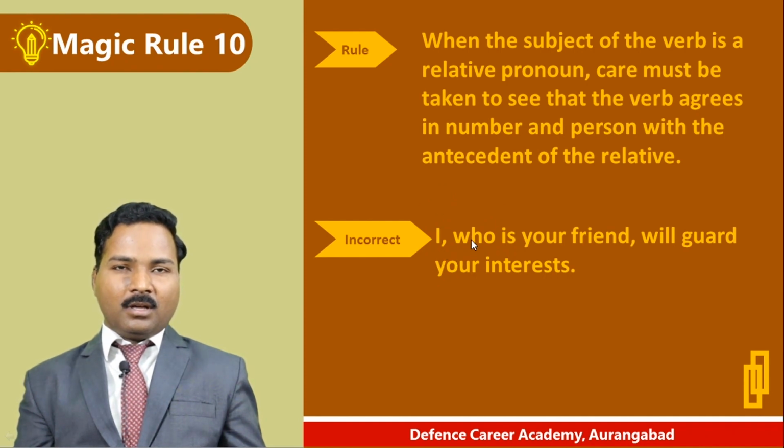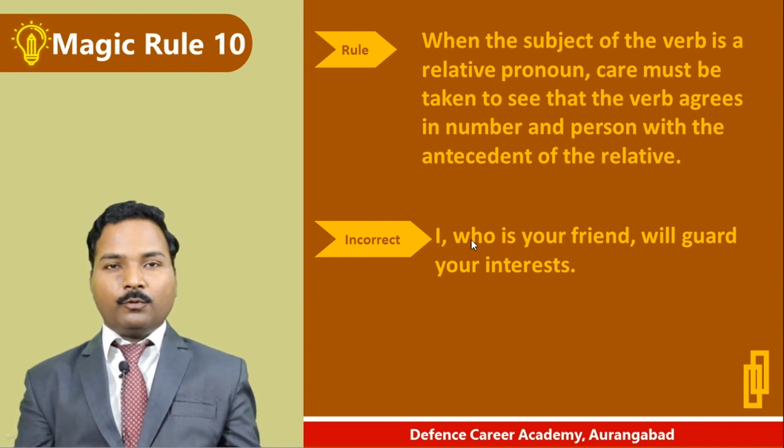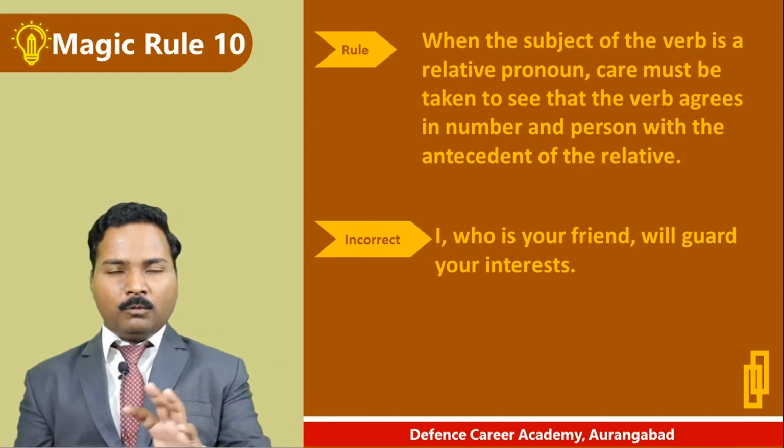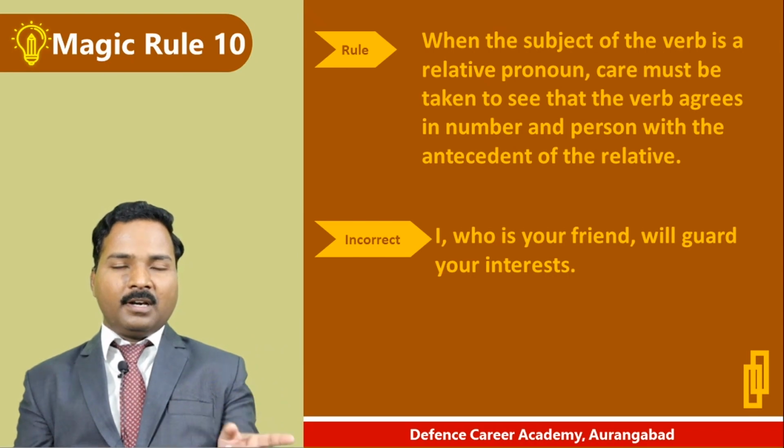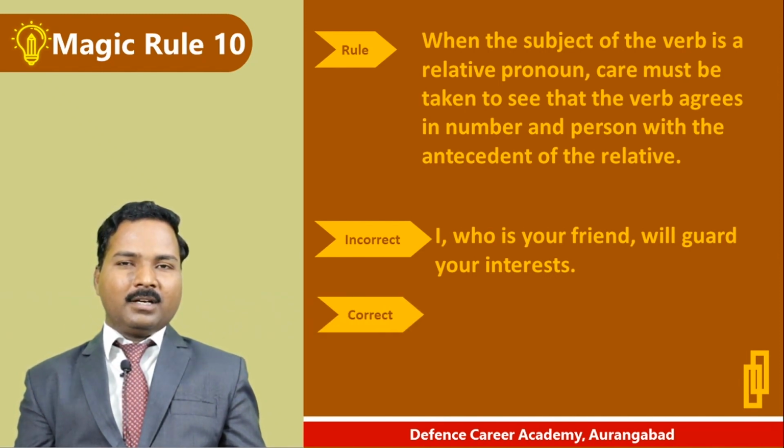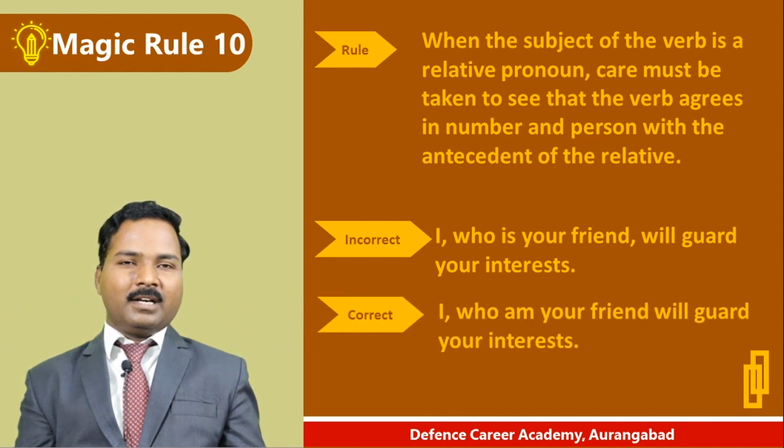Antecedent means the word which is used before some other word, and they are interrelated. Here "who" is related with "I," that's why "I" is known as the antecedent of this word "who." So the verb should always agree with the antecedent, in person and number. And here "is" is used, which is incorrect, and in this second example the sentence is corrected.